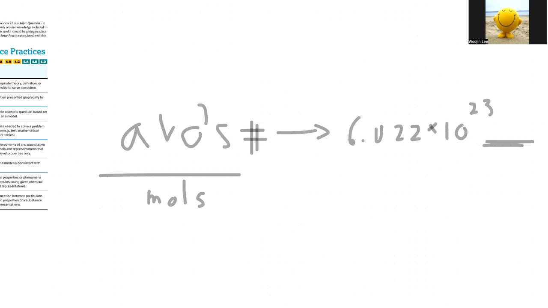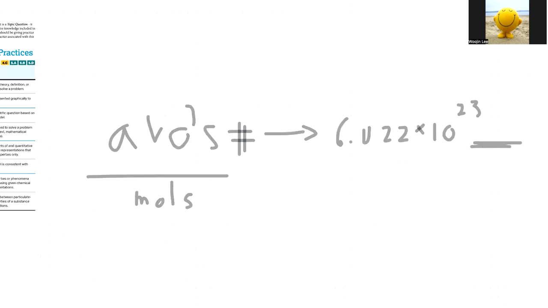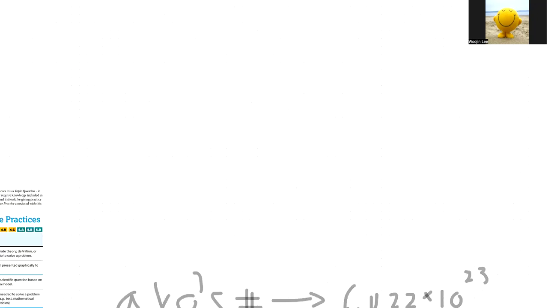One part I want to talk about is the atomic mass unit, AMU, and that's the unit to assess the mass of an individual atom. So if a question asks you, which I highly doubt, what's the mass of one atom of oxygen?